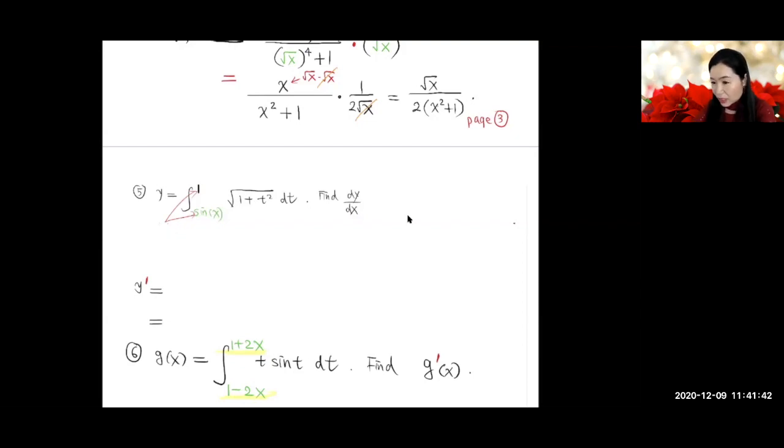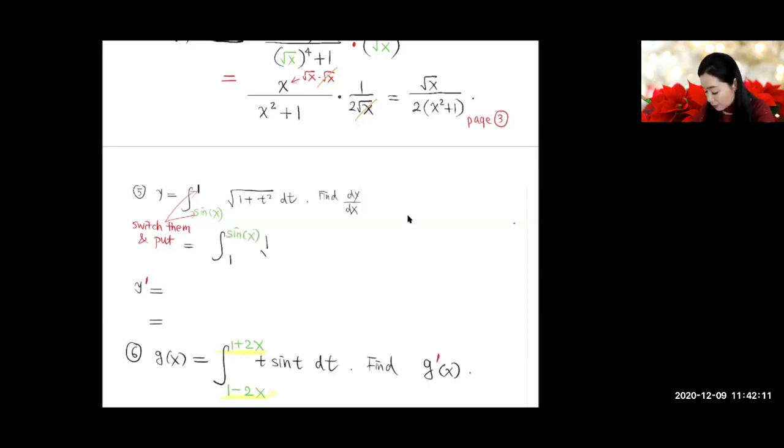So we want to switch them. So we want to have 1 down here and then sine of x up here.